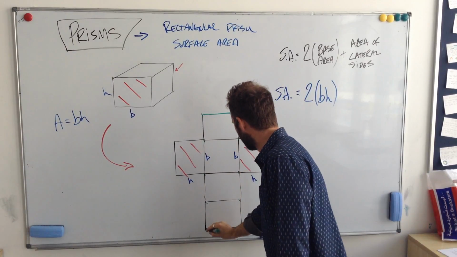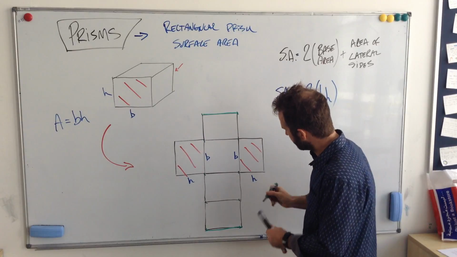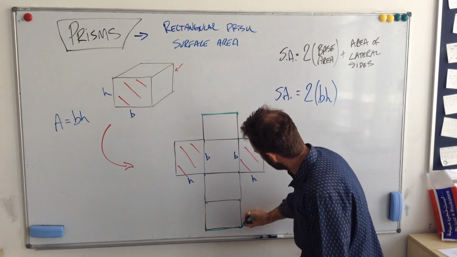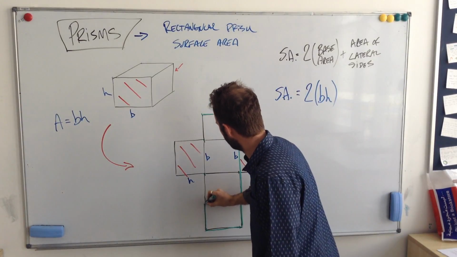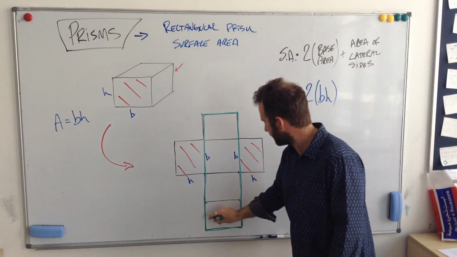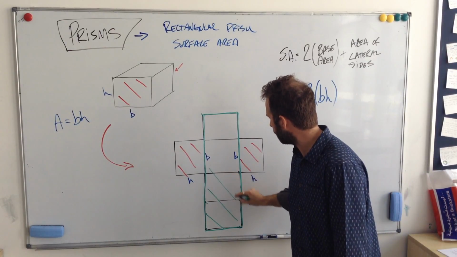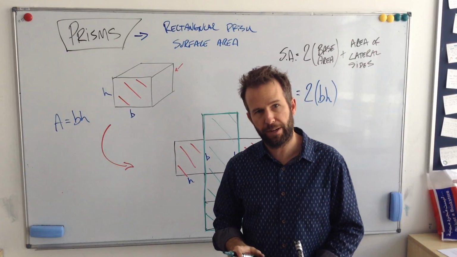So in other words, that is equal to that. And in fact, you'll notice that they all line up this way as well. So what we end up with here is, if we put them all together like this, one really big rectangle. So all 4 of these together represent that lateral area.